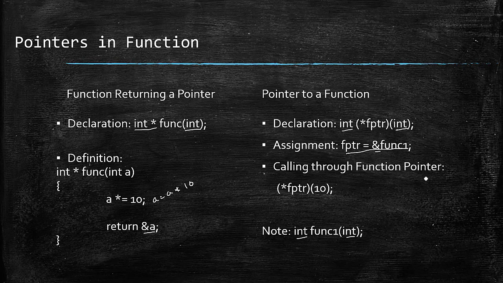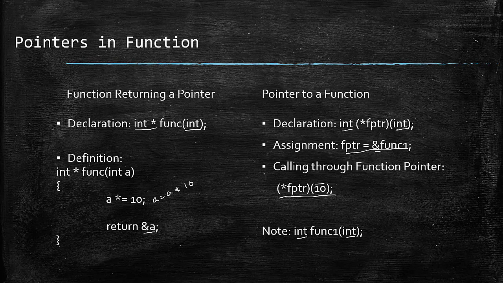By using this notation: asterisk followed by the pointer name within brackets, then within brackets this 10 is the input argument to the called function. If we use this notation for calling the function, which function is it going to call? It is going to call the fancy1 function. And what will be the actual parameter to that function? 10. This 10 will be the actual parameter to the function.